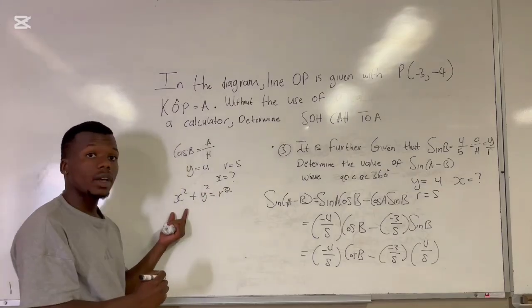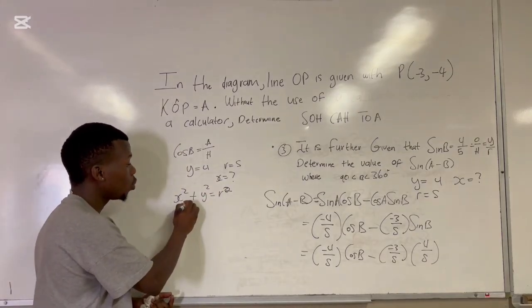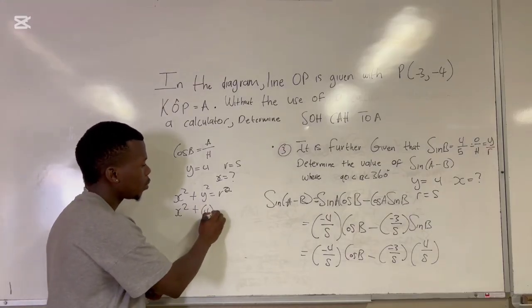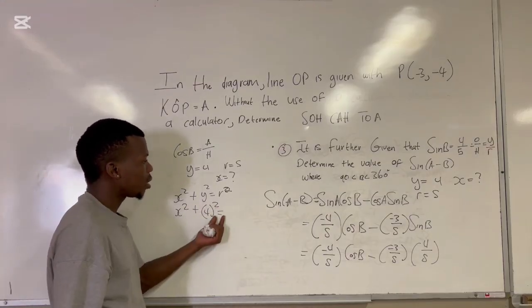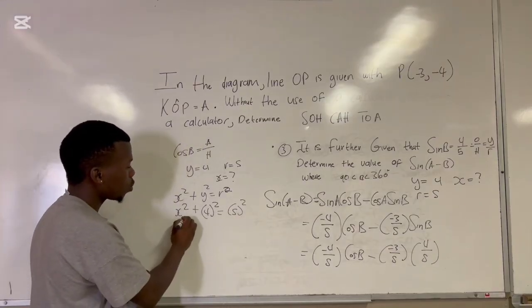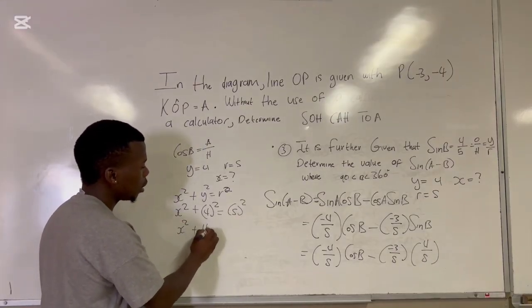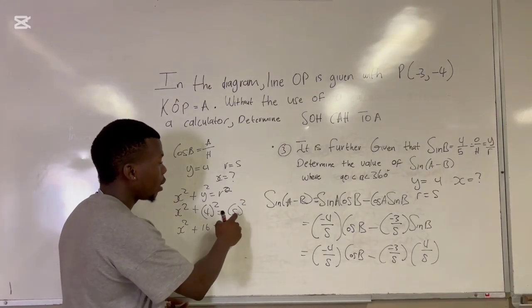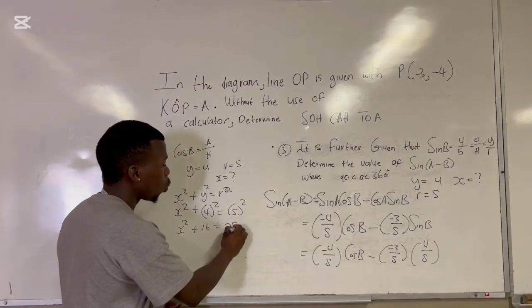What is the value of x? We are looking for x. It means here I'm going to have x squared plus, what is the value of y? It is 4 squared, which is equal to 5 squared. In other words, here I have x squared plus 16 is equal to 5 squared. And 5 squared is 25.